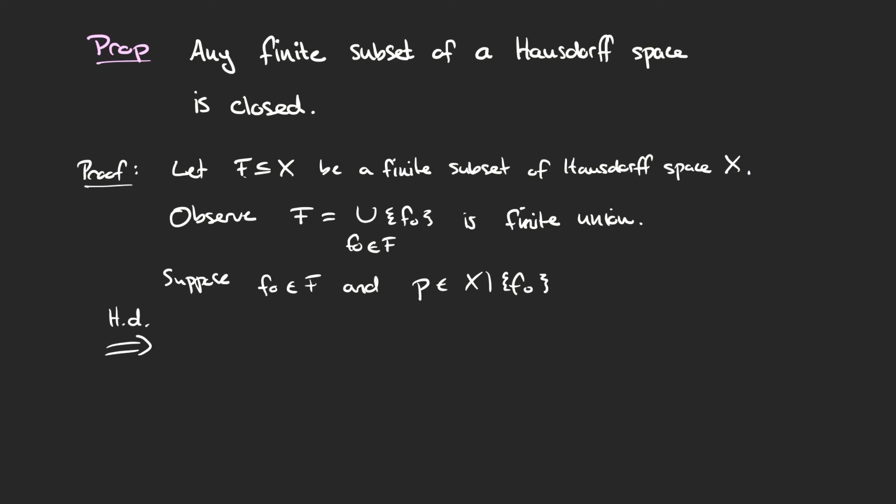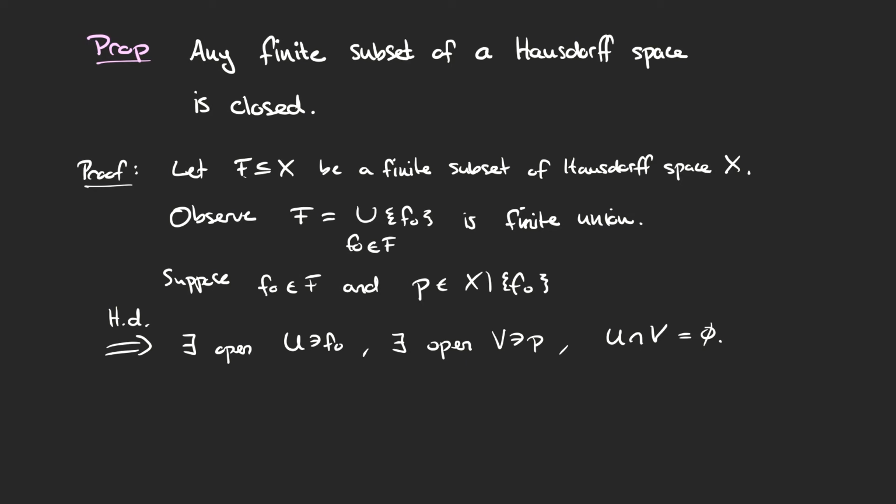So because X is Hausdorff, there is going to exist some open set U that contains F0, and also there's going to exist some open set V containing P with the property that U intersection V is empty. Again, this is just applying the definition of being in a Hausdorff space, because for any two distinct points, we can find neighborhoods around them which are disjoint.